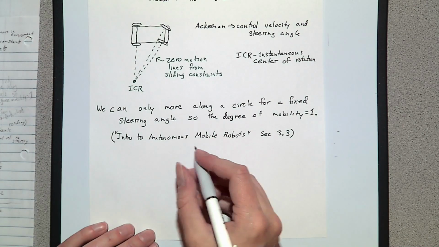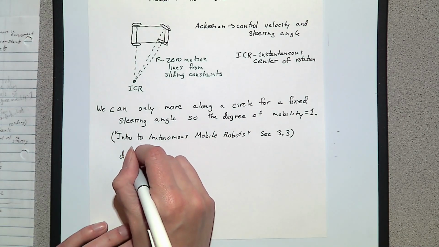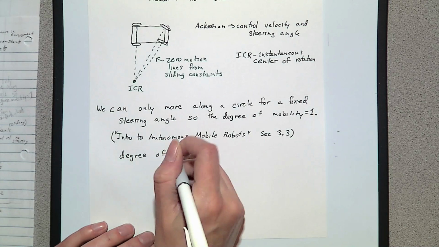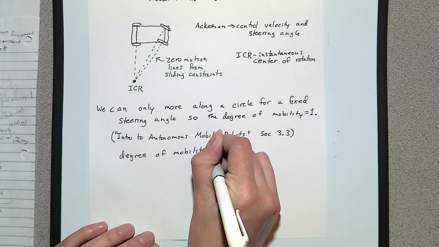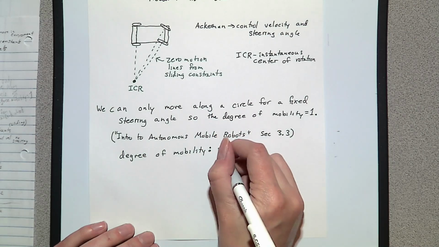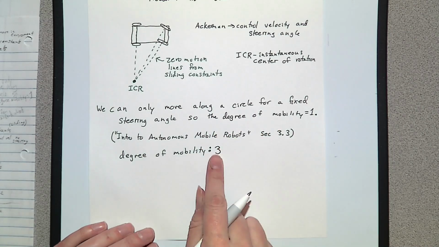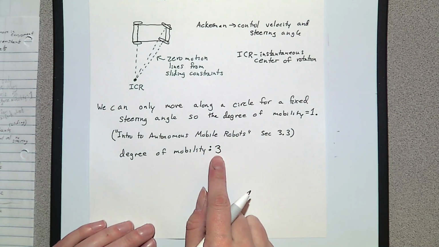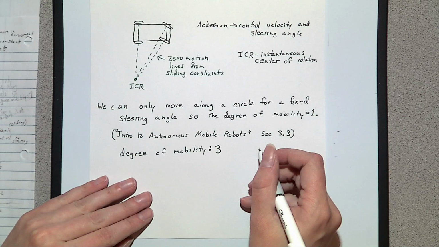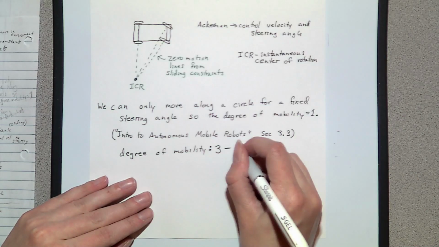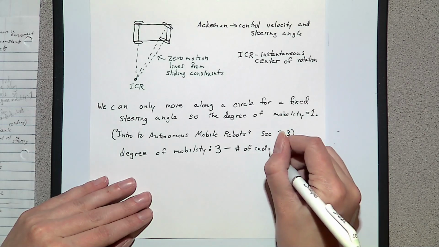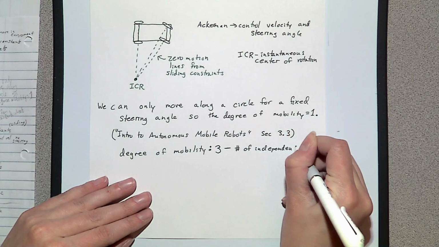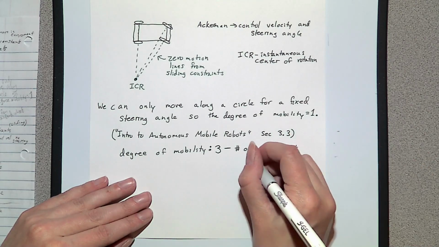The actual degree of mobility is defined as, for the mobile case, in general, we can move in 3 directions: x, y, theta. And then we subtract from it the number of independent constraints.